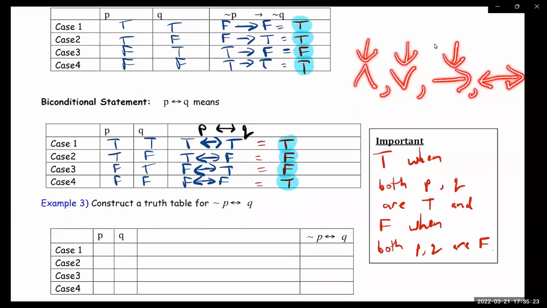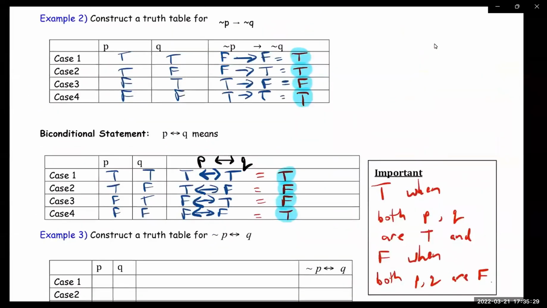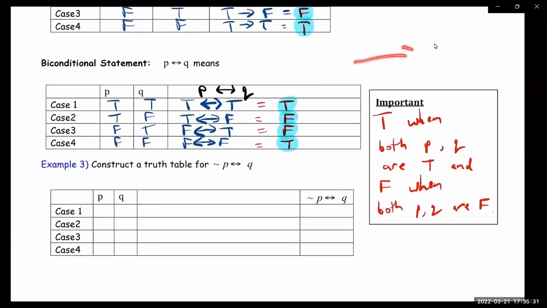This one means it's only false if you start off with the true and end up with the false. And then the last one, it's true if they're both true or they're both false. But if one of them is true and one of them is false, then it's false. So a lot of stuff to remember, but luckily these are all open notes. So if you forget, you can always refer to your notes.